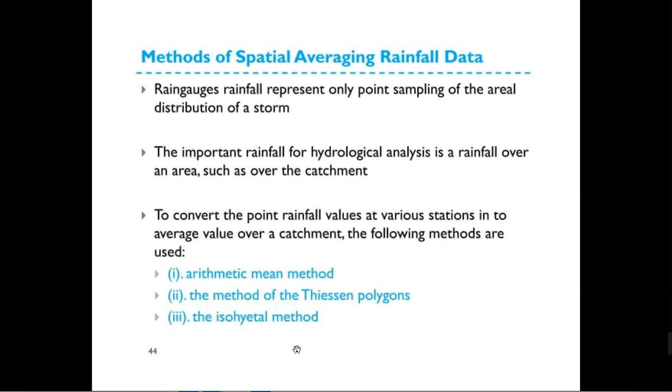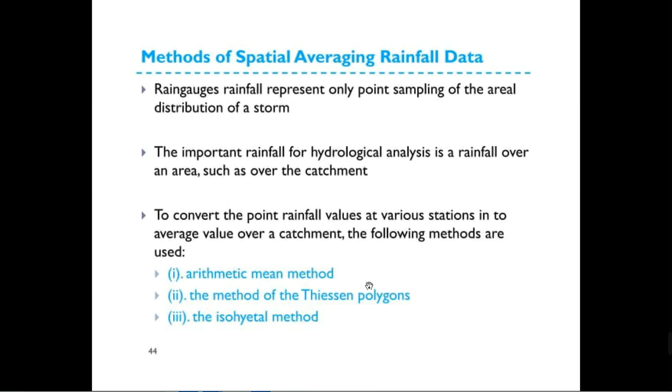I may ask the question: to convert the point rainfall values of various stations to an average value over a catchment, what are the methods followed?